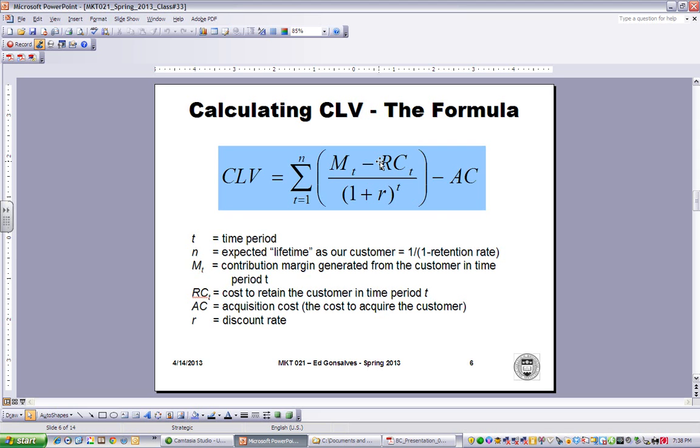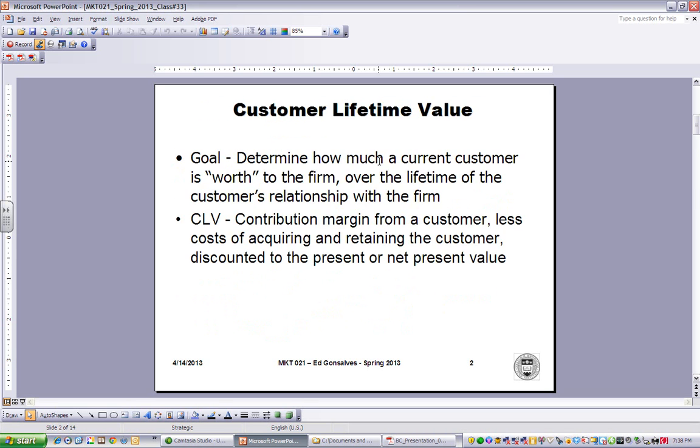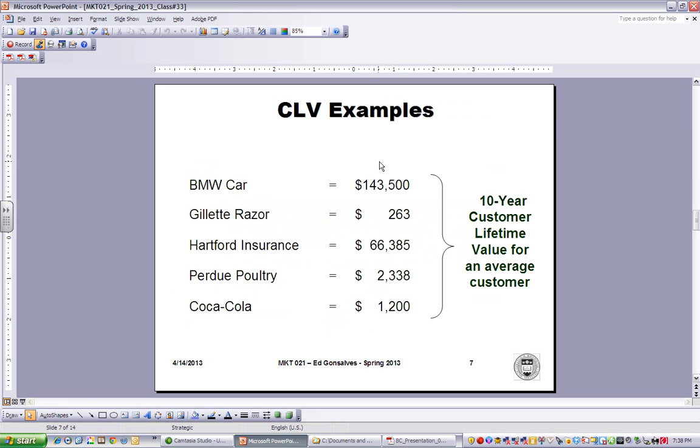And then the discount rate. So let's go back and take a quick look at that verbal description. It's the contribution margin from the customer less the cost of acquiring and retaining the customer, discounted to the present, or net present value. And that's exactly what that formula does.